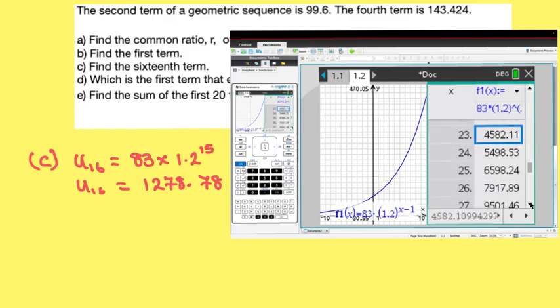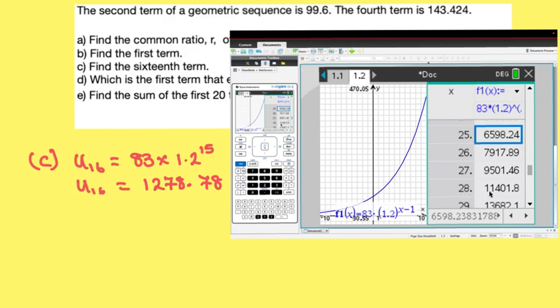And if I keep going down, keep going, there's the term. So I want the first one to exceed 10,000. Well, the 27th term is 9,501.46, and the 28th term is 11,401.8. So in an exam, write down that the 27th term is 9,501.46.